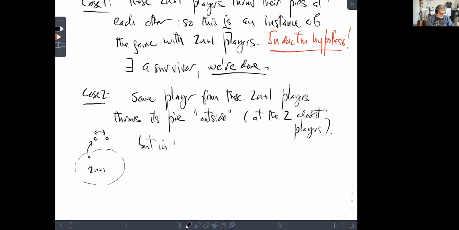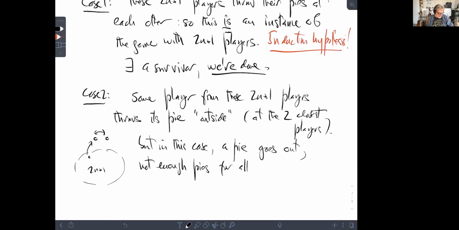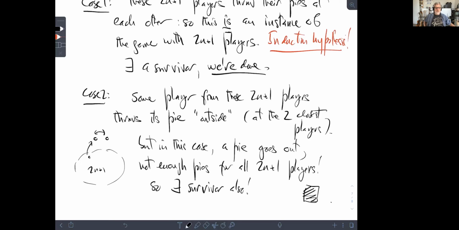In this case, a pie goes out, so there are not enough pies for all 2n+1 players. So there exists a survivor also. And that's the proof. Does that make sense?